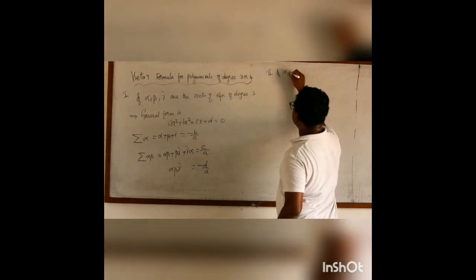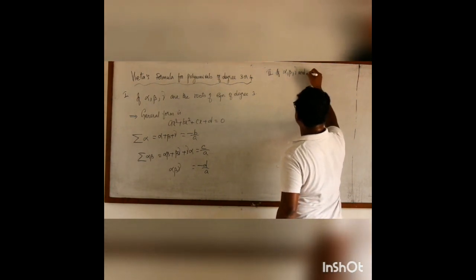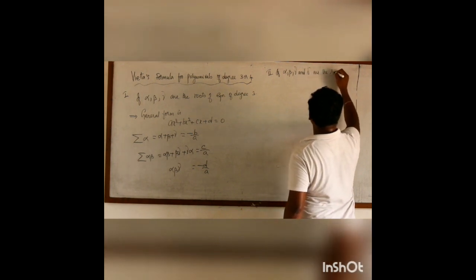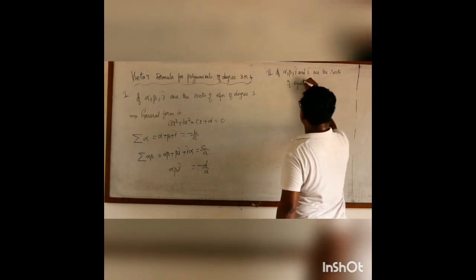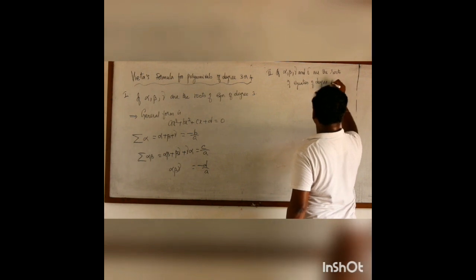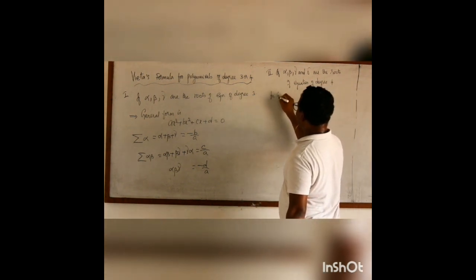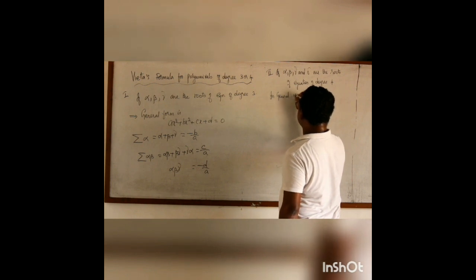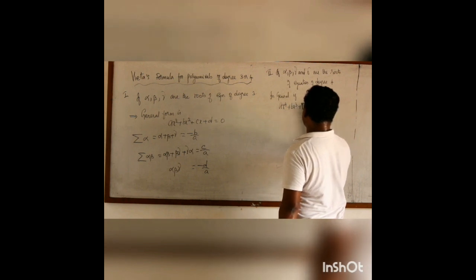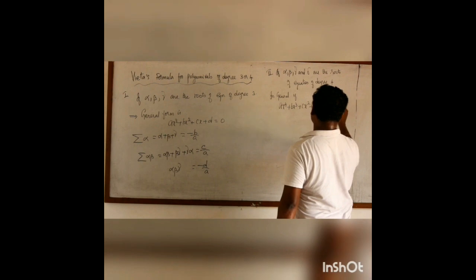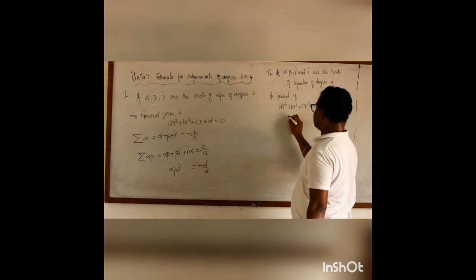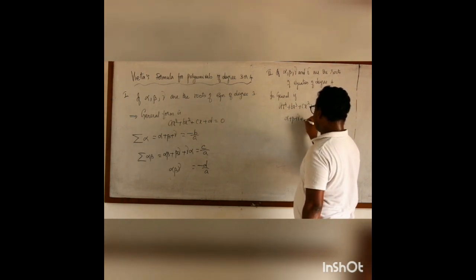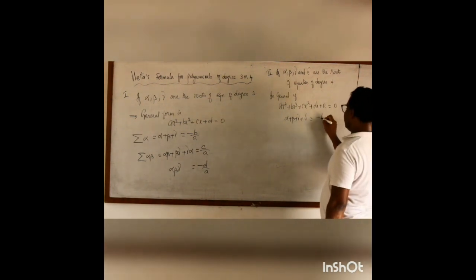If alpha, beta, gamma and delta are the roots of an equation of degree 4, that is, in general, if ax power 4 plus bx cube plus cx square plus dx plus e equal to 0 is the general format of a quartic equation, then sum of the roots, alpha plus beta plus gamma plus delta, is minus b by a.